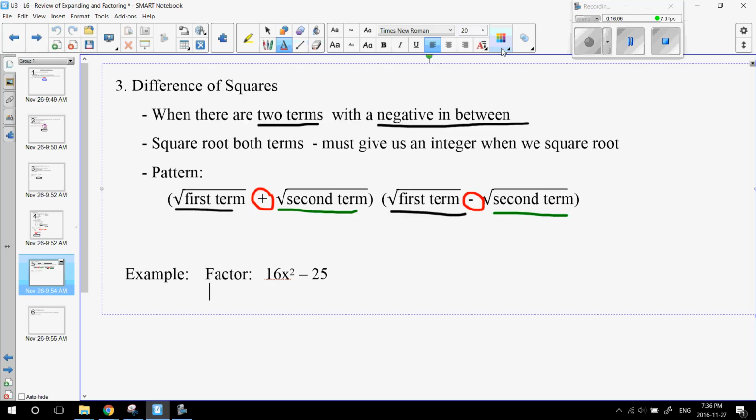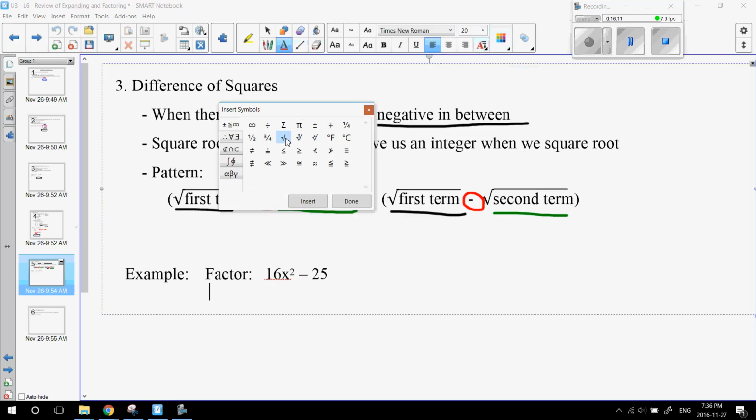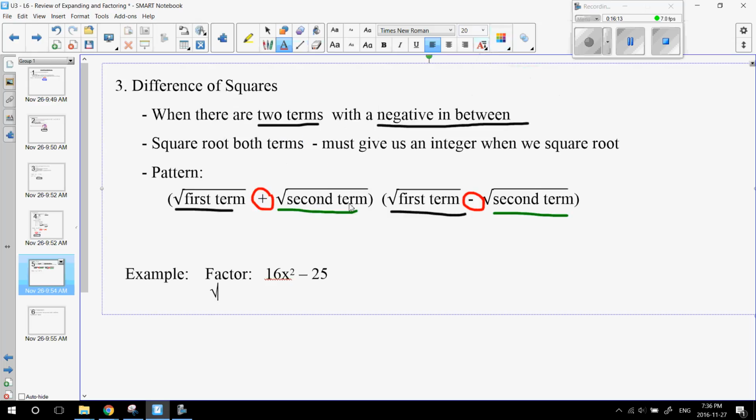So we're going to square root the 16x squared and figure out what that is. So the square root of 16, when you type that in your calculator, that's a 4. And the square root of an x squared is just x. So the square root of 16x squared is equal to 4x.